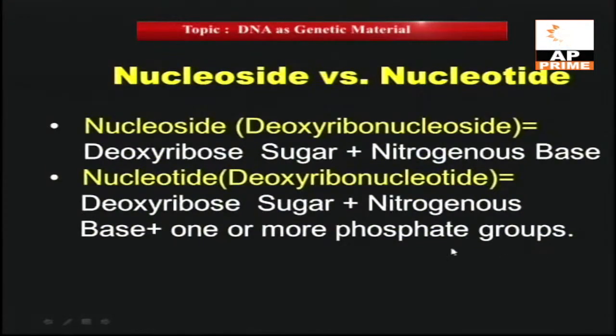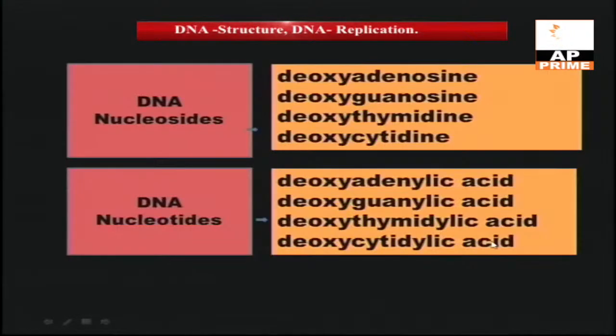So obviously there are 4 types of deoxyribonucleosides in DNA. These are deoxyadenosine, deoxyguanosine, deoxythymidine, deoxycytidine, and the nucleotides in DNA are deoxyadenylic acid, deoxyguanylic acid, deoxythymidylic acid and deoxycytidylic acid.